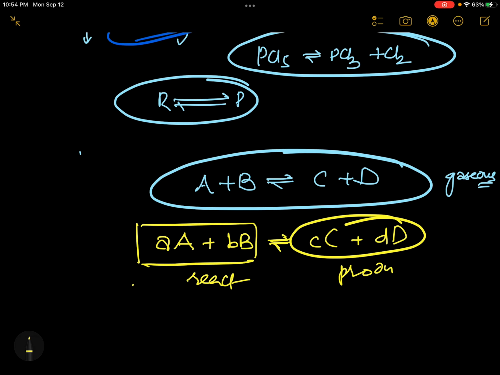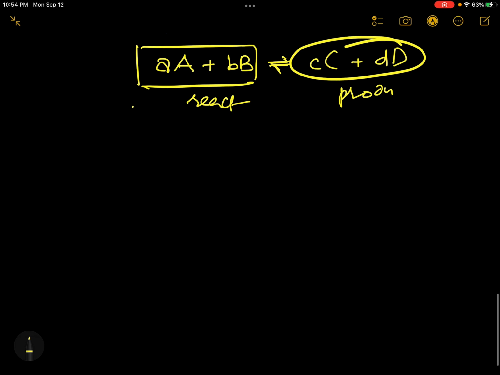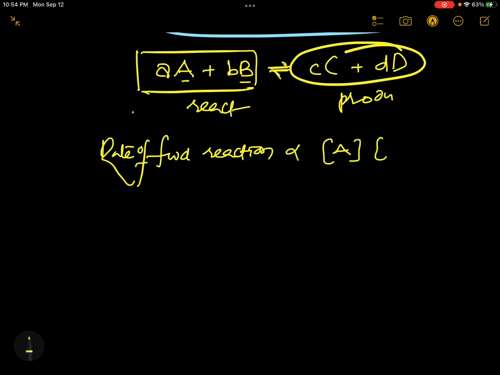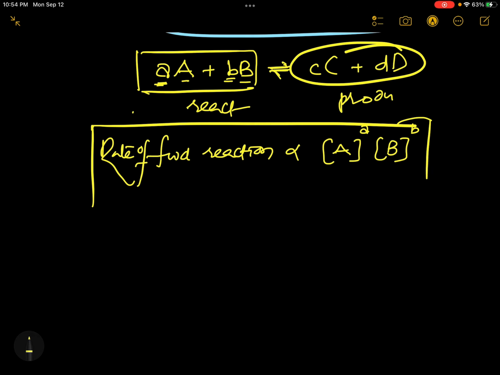The two-sided arrow means both forward and backward reactions are possible. The forward reaction is A and B reacting. The rate of forward reaction depends on the concentration of A and concentration of B, raised to the power of their numbers of moles, small a and small b. The rate of forward reaction is directly proportional to [A]^a and [B]^b.